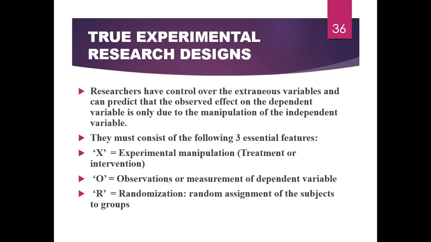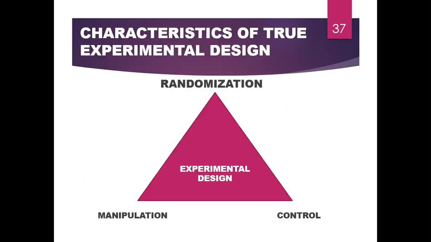So these are the main essential features of an experimental design. So the researchers have control over the extraneous variables, and they can predict that the observed effect on the dependent variable is only due to the manipulation of the independent variable. So the main features of true experimental research design: randomization, manipulation, and then control.